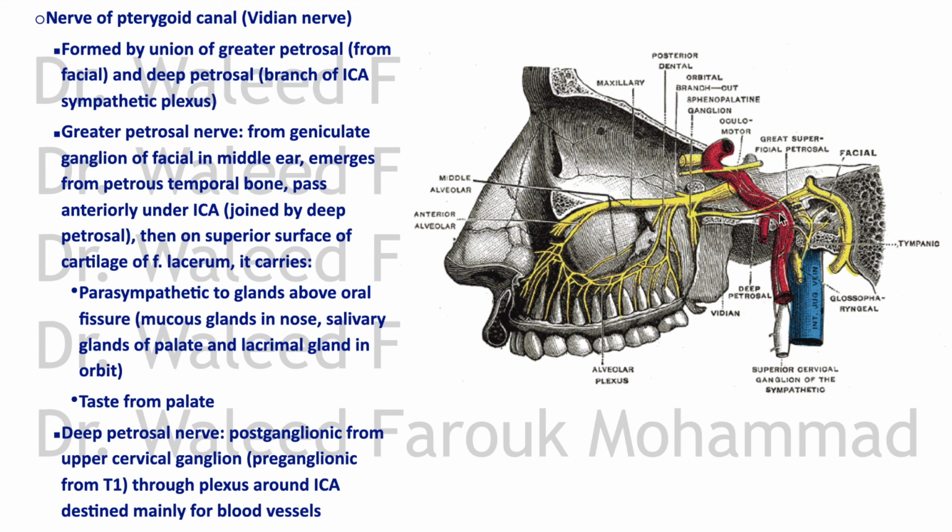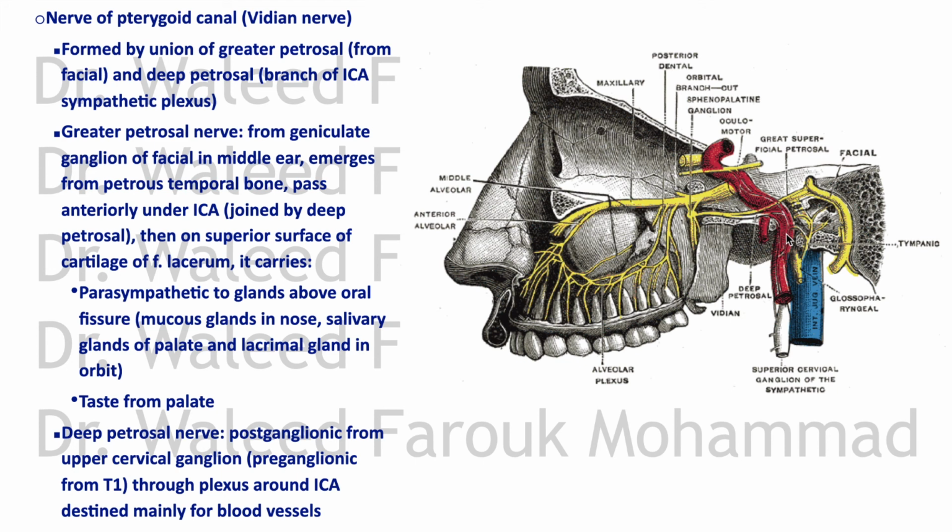Okay? Now, the deep petrosal, we said it's sympathetic from the plexus around the internal carotid artery, and they are postganglionic. From where? From the upper cervical sympathetic ganglia. From where did it get its sympathetic flow? From the T1 segment, okay? Because I mentioned before that sympathetic outflow from the spinal cord is only from T1 down till L2.